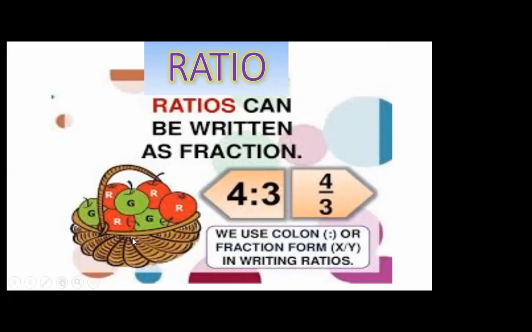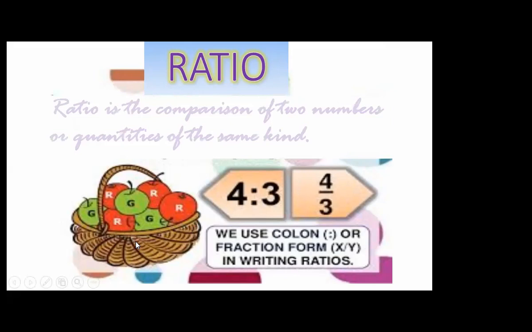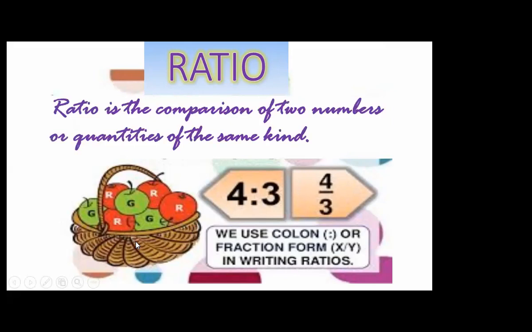Here you can see that we are comparing the apples. Okay, so what is a ratio? Ratio is a comparison of two numbers or quantities of the same kind. Here the quantities must be the same.